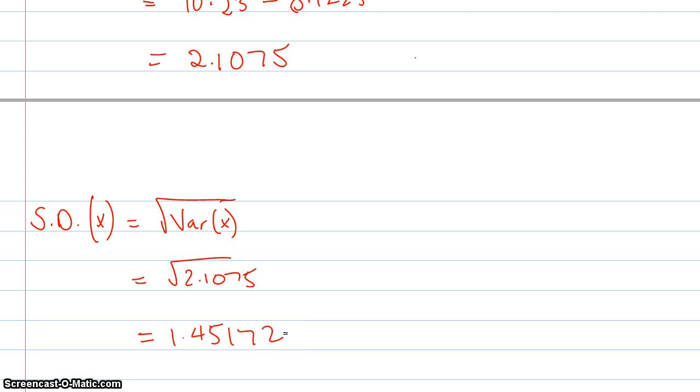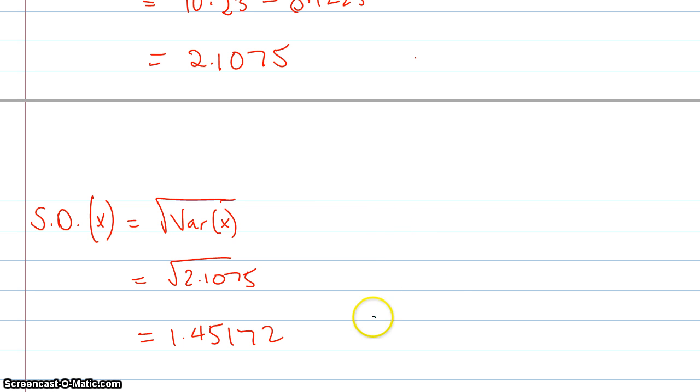Now we can use the standard deviation to work out how spread out the data is. We find the middle point, the mean, and then we can get the data either side of that.